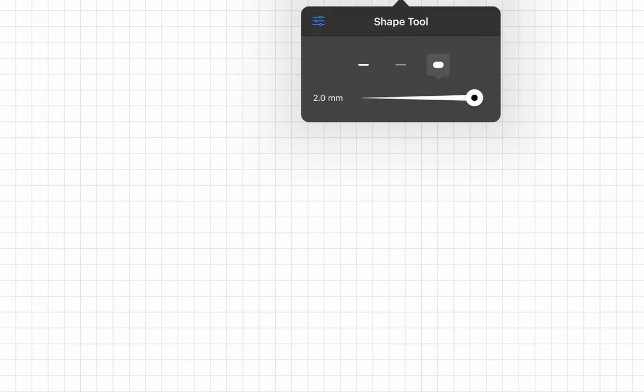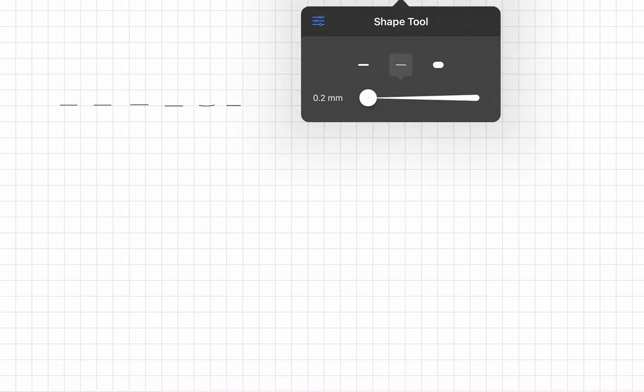So let's say that, okay, this is the horizontal, and this is the incline. And this is 18 degrees.